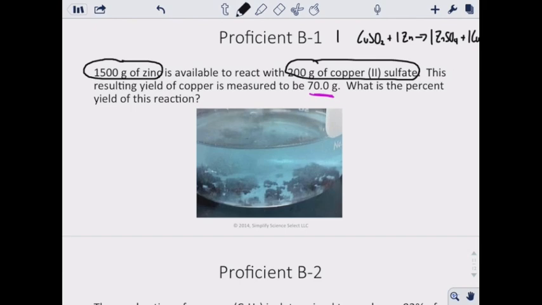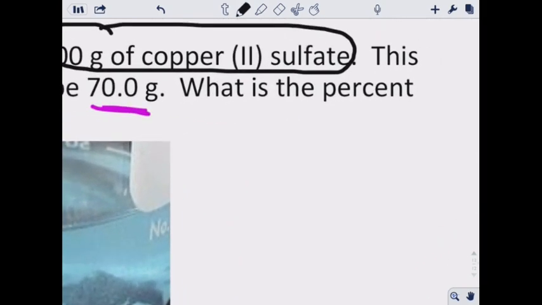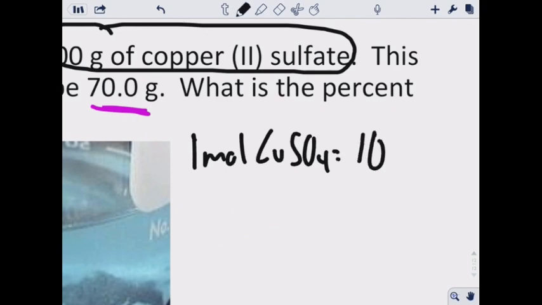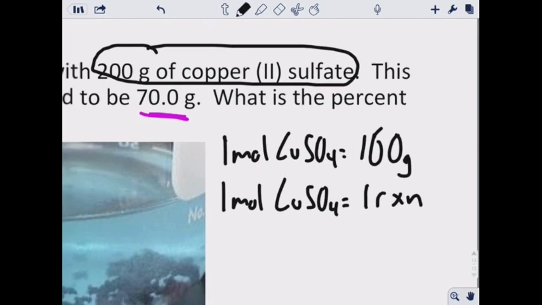Since we have grams of copper(II) sulfate, we've got to have the molar mass of copper(II) sulfate. So 1 mole of copper(II) sulfate equals the mass, which is right around 160 grams of copper(II) sulfate. And then we know that there's 1 mole of copper(II) sulfate in one reaction. And so we set this up.